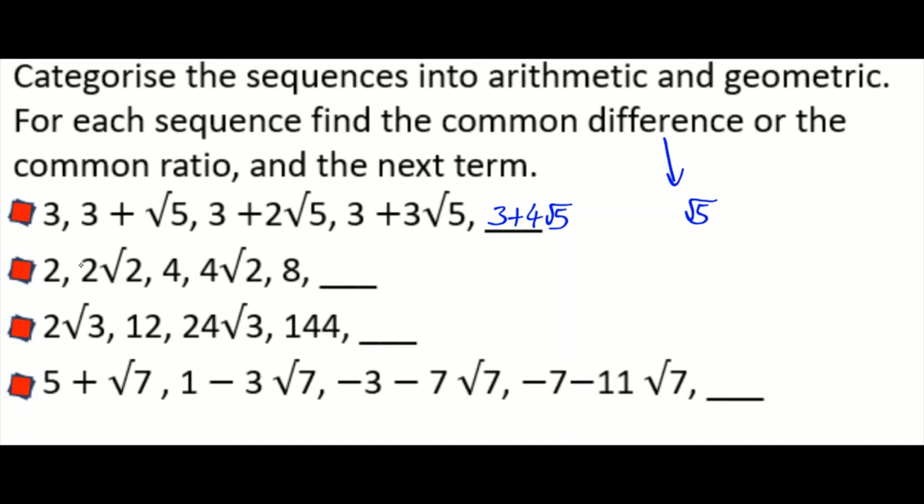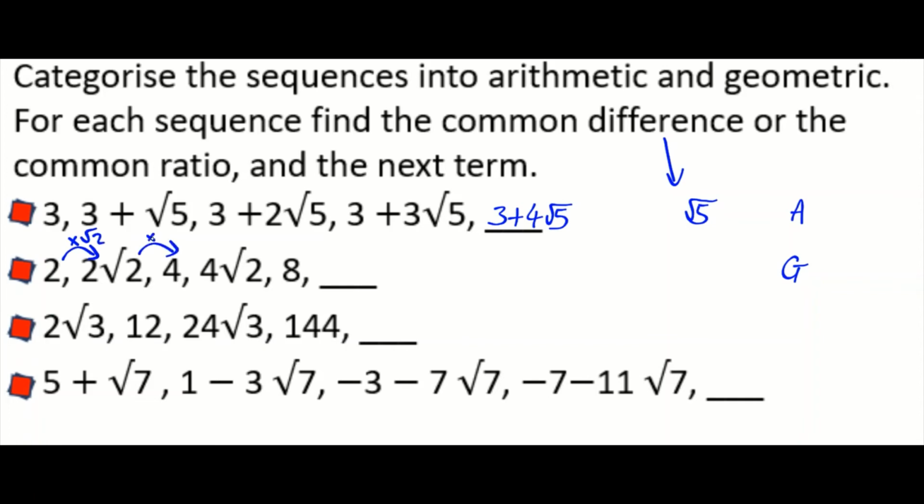In this sequence, we are alternating between surds and integers, which we saw before in the geometric sequences. So it looks like we should be multiplying by the same thing each time. Whereas the first sequence was arithmetic, this one looks like being geometric. So to get from 2 to 2 root 2, we've multiplied by root 2.